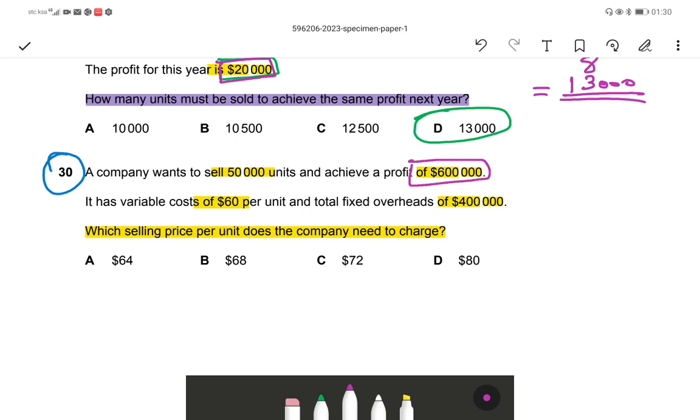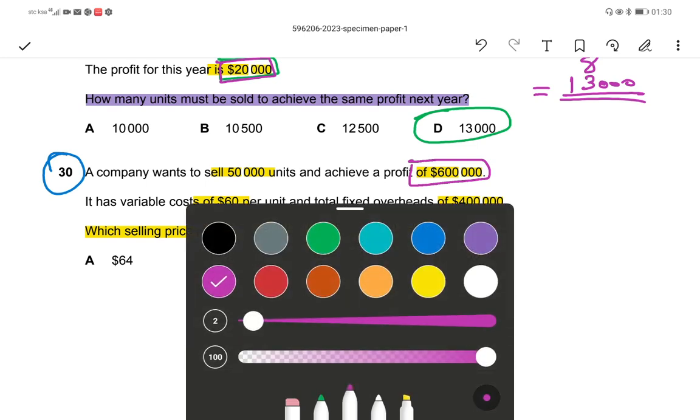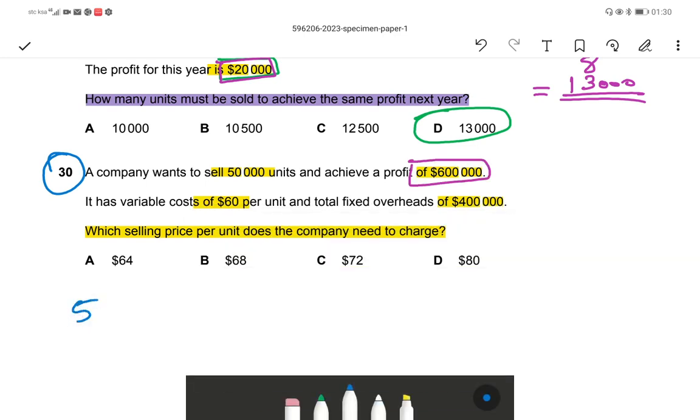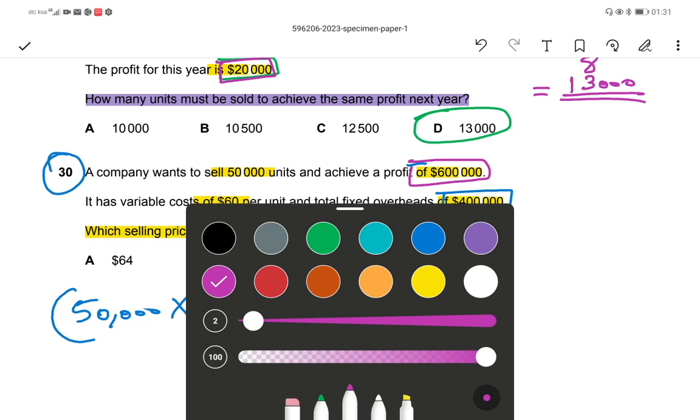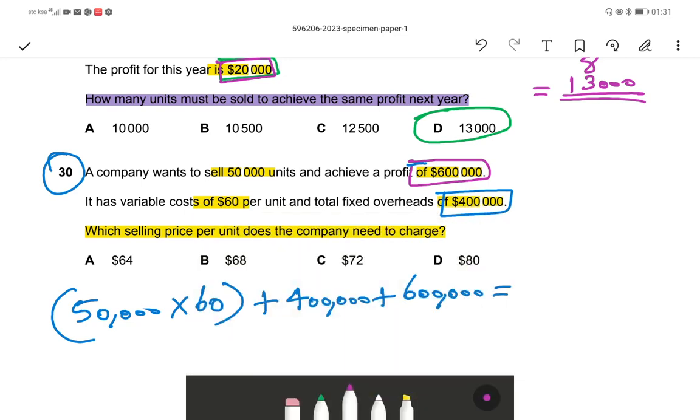So the calculation is 50,000 units multiplied by 60, this is the variable cost, plus fixed cost 400,000, plus the profit the company wants to get, 600,000. So total revenue they have to get is 4 million.